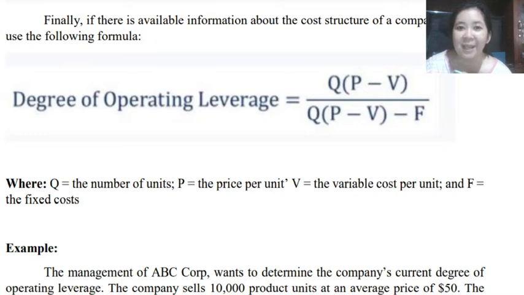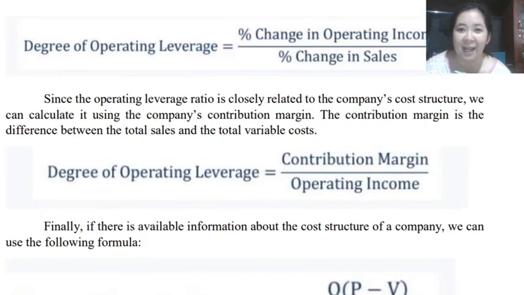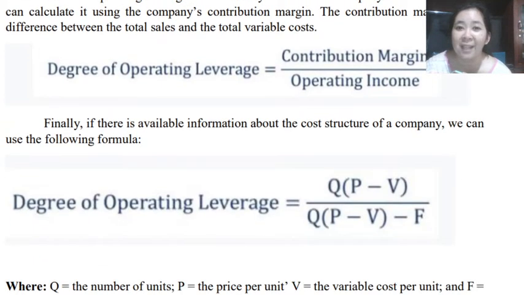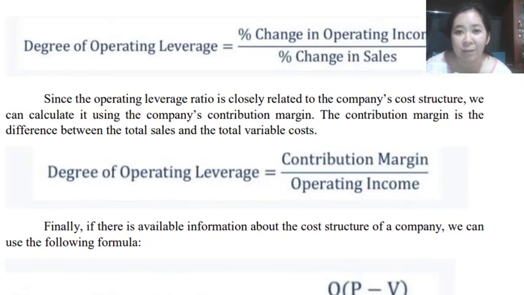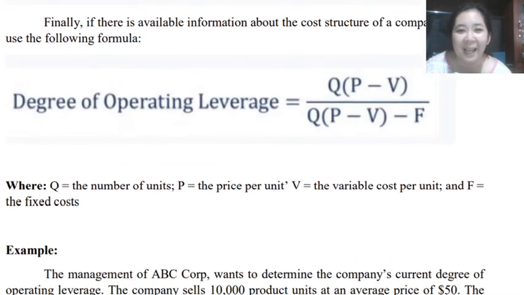So meaning this formula is just like this one as well, contribution margin divided by operating income. This is if the information is complete as to the cost structure. But if not, then you can use this one: contribution margin divided by operating income. It's still the same.